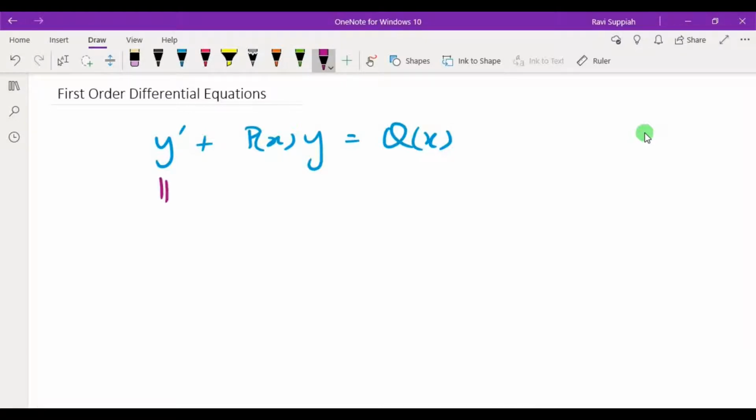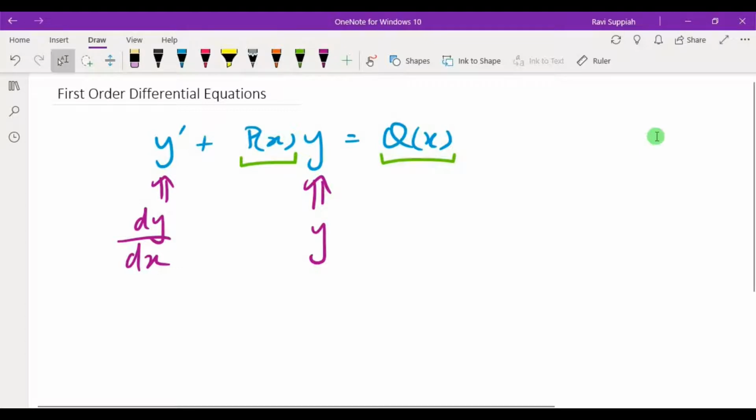So this is equivalent to writing dy/dx, and then there is a y term over here, and p and q are both functions of x. This is the way in which you first represent the first order differential equation.